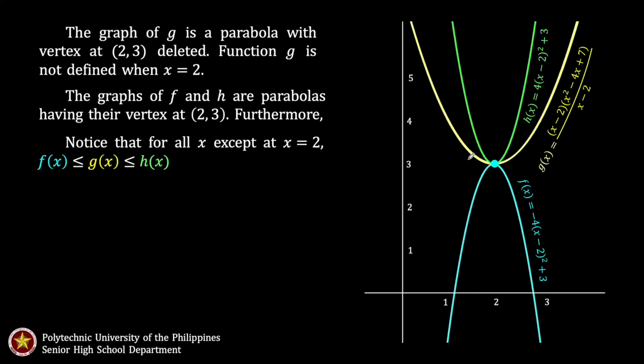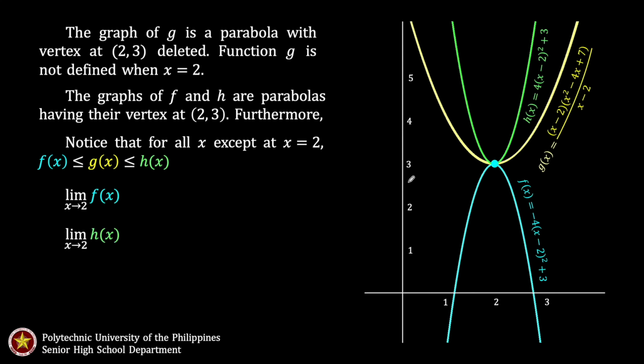Notice that for all x except at x equal to 2, we have g of x greater than or equal to f of x but less than or equal to h of x. As we can see on our illustration, f is the lowest graph in our Cartesian plane, and this green parabola contains high values of y, so this must be the largest function among these three, and obviously g of x is the middle function.